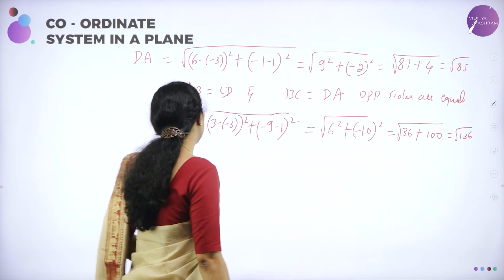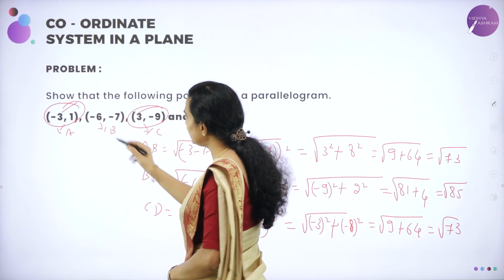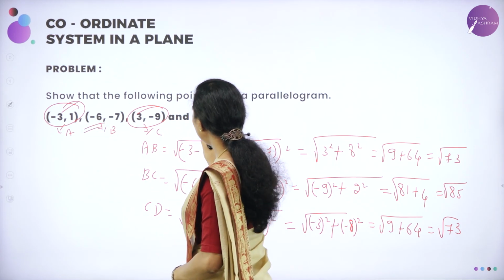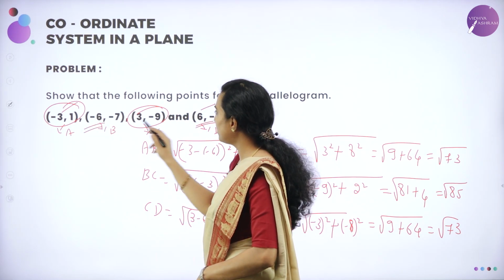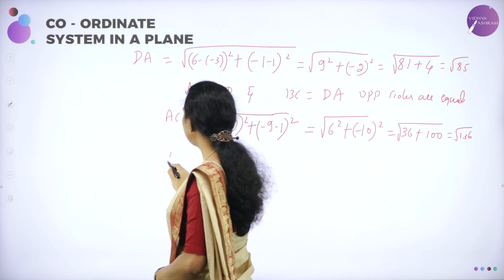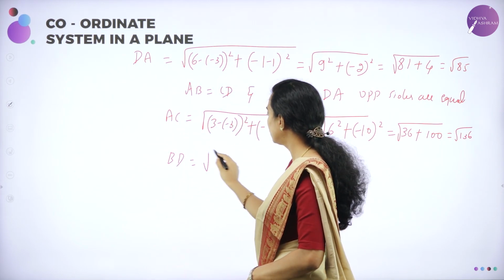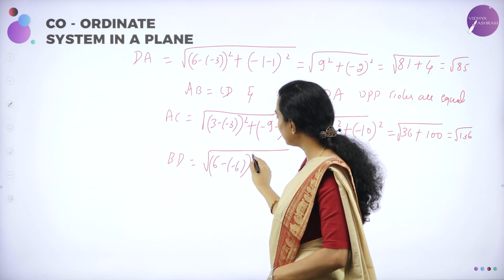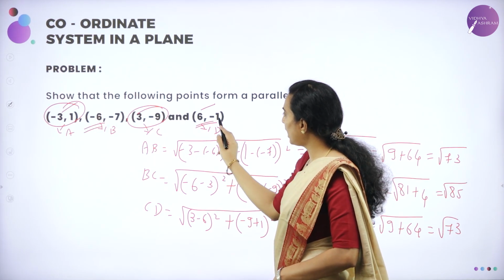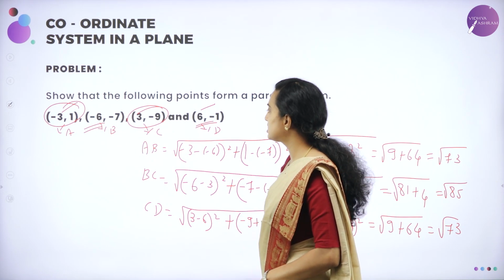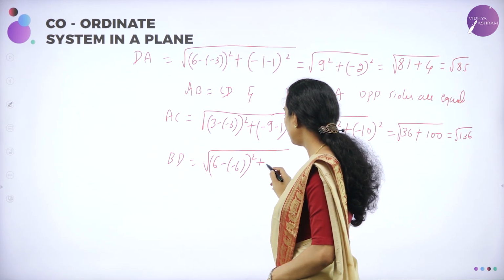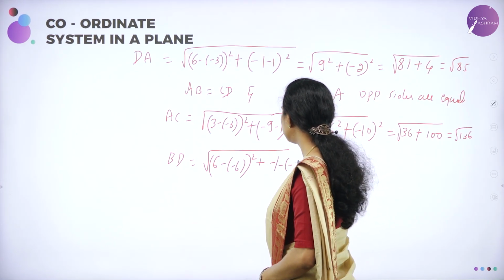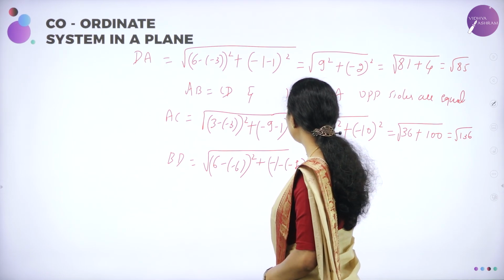Let me find out what is that. Again, these two. What is that? B and D. 6 minus of minus 6, BD. 6 minus of minus 6 whole squared, plus minus 1 minus of minus 7 whole squared.